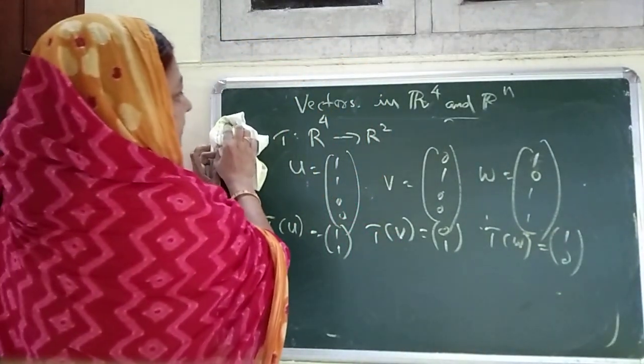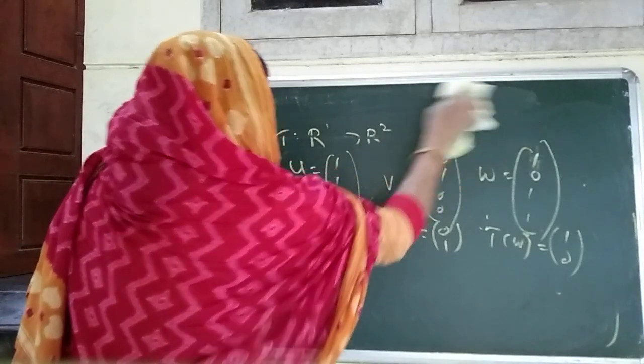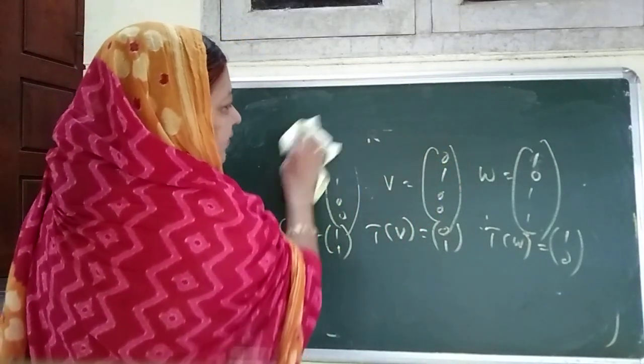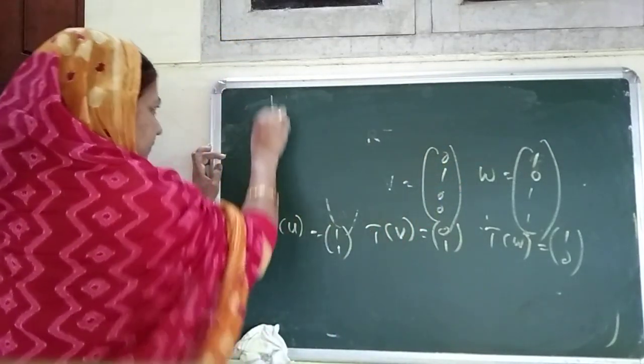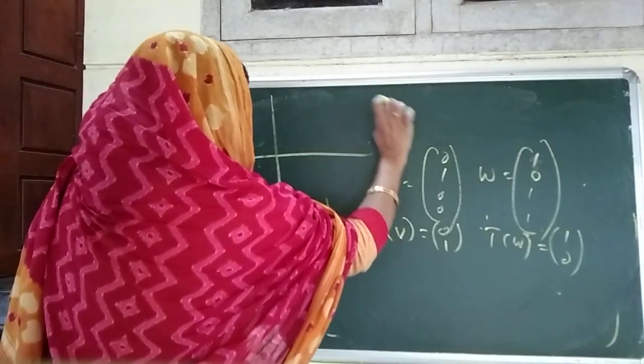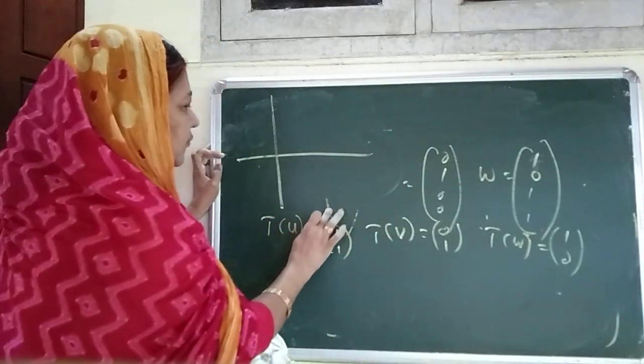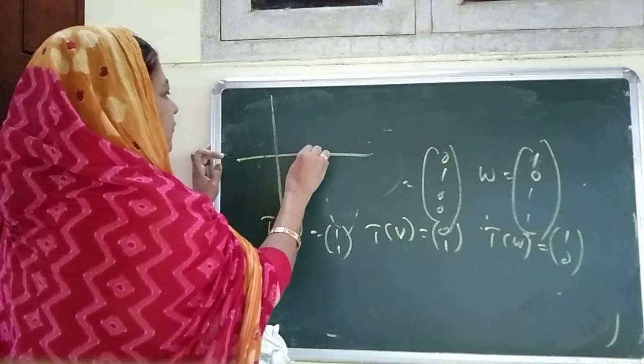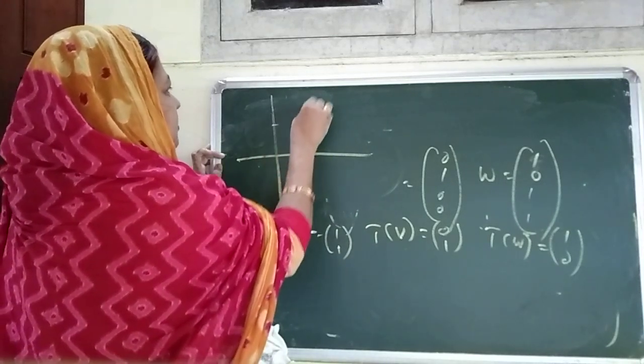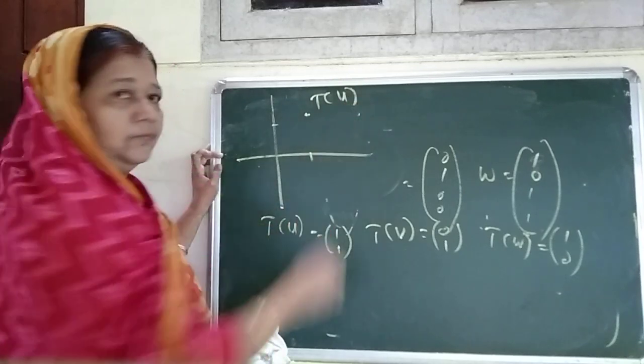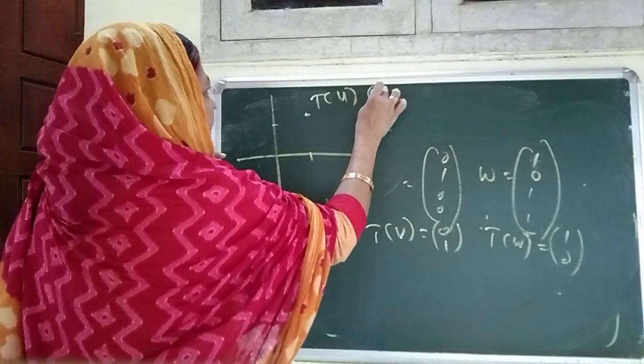Therefore, we can map this into a figure. First is T of U, which is the point 1 1.